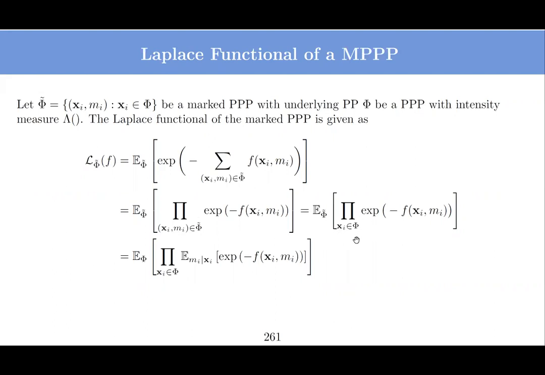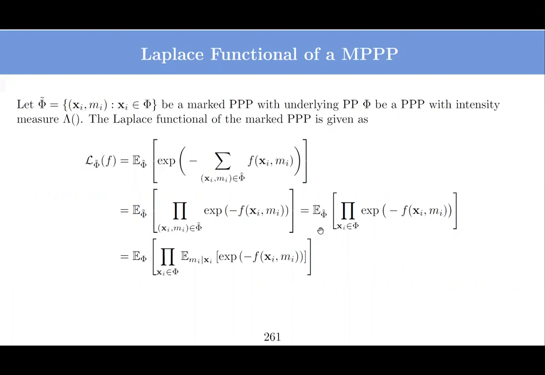Now we can break this, and we notice that the points are actually coming from the original point process. So instead of writing this product over all (x_i, m_i) belonging to phi tilde, I can just write x_i belongs to phi, where phi is the underlying point process, which I know is a PPP. This will help us solve it further because I know this is the Laplace functional of a PPP.